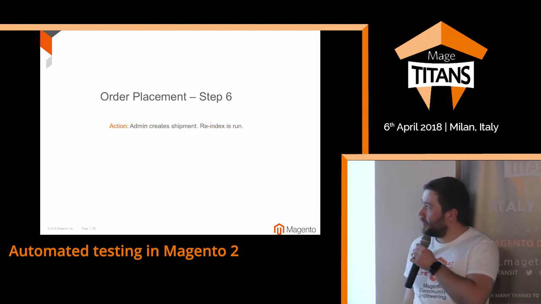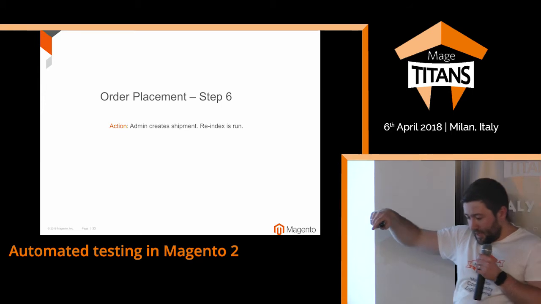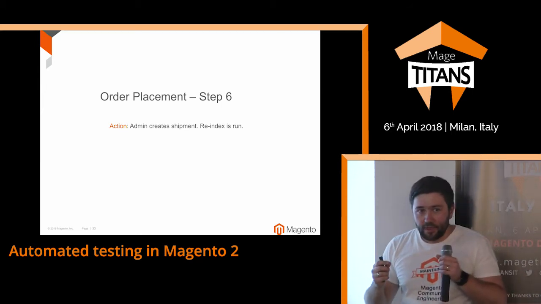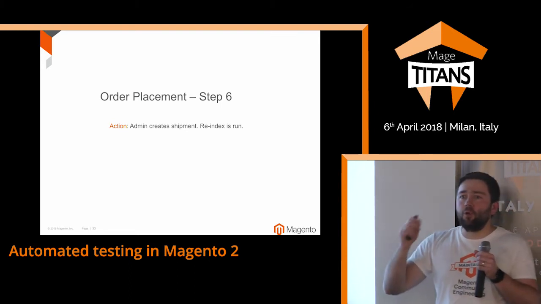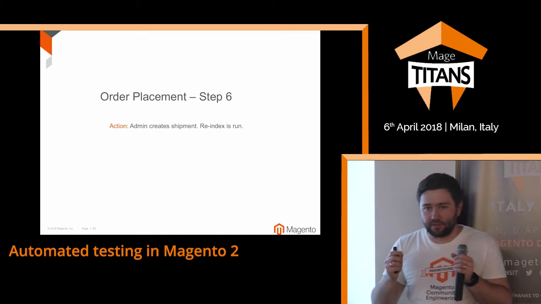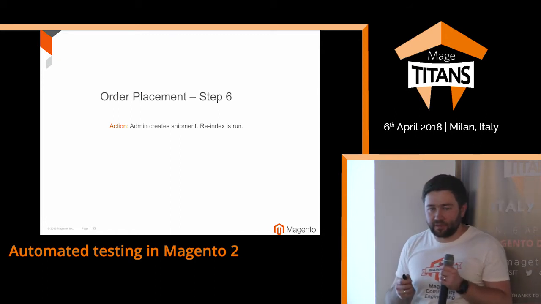Now the admin goes to, for example, the admin panel, and we have already placed an order. What is the main goal of not even e-commerce, but all businesses? To take money from the customer quickly. And Magento with MSI will provide you this possibility.